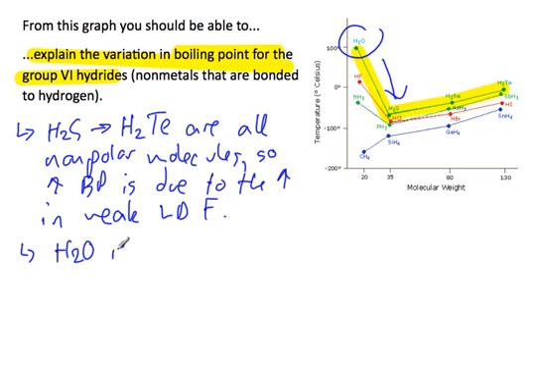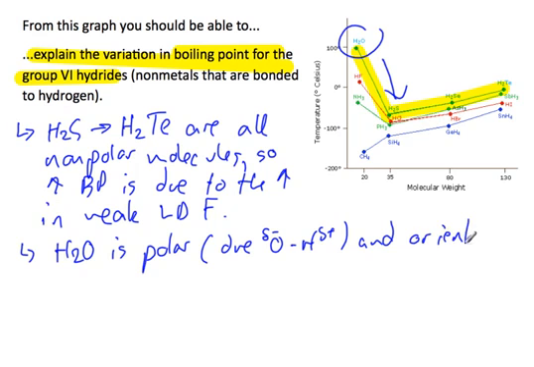H2O, on the other hand, is polar, and that's due to an OH bond being polar and the orientation of those polar bonds, the shape. So it's bent.